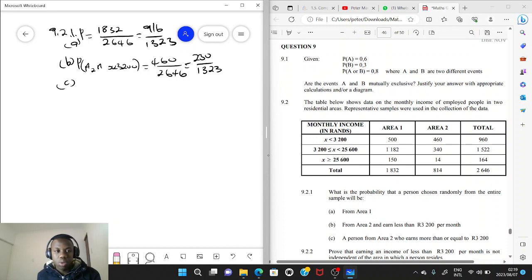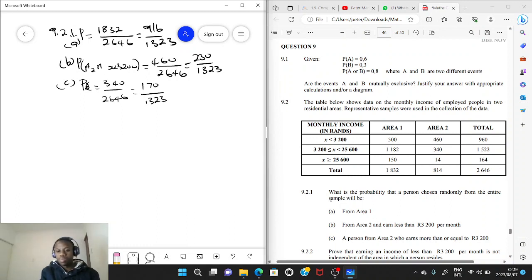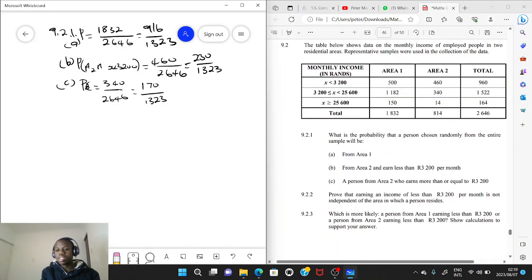So for C, we'll have 340 all over 2646, right? Now what is 340 over that? That's 170 all over 1323, right? So we're done with 9.2.1.